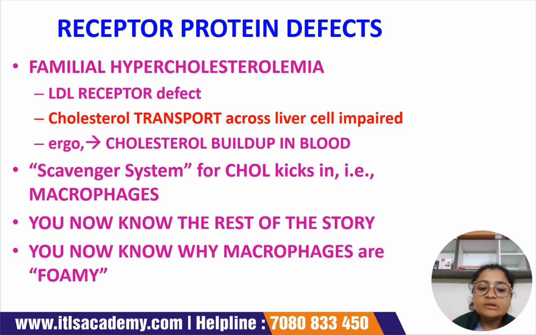Okay. Moving forward to receptor protein defects. Again, something very important. What do you mean by receptor protein? Whenever any enzyme or any hormone function is going on, or any particular chemical messenger is involved in any particular cell signaling or any particular cell function, it's very important that the proper receptors are recognized, because otherwise the specificity will not be there.